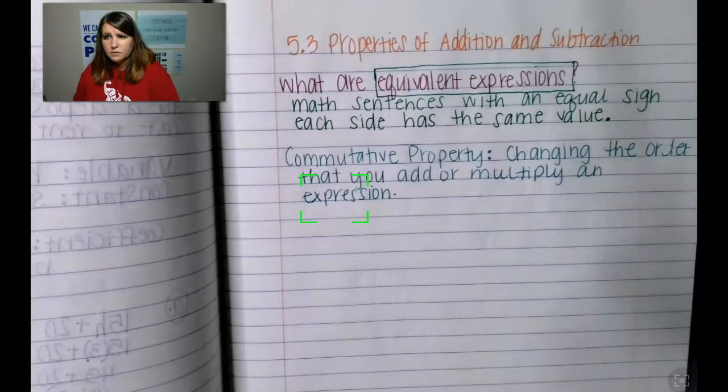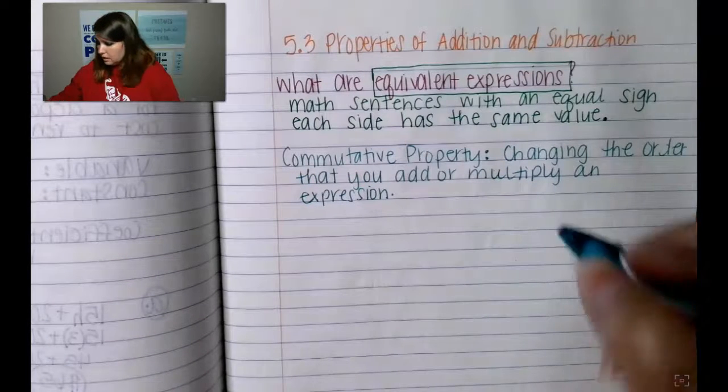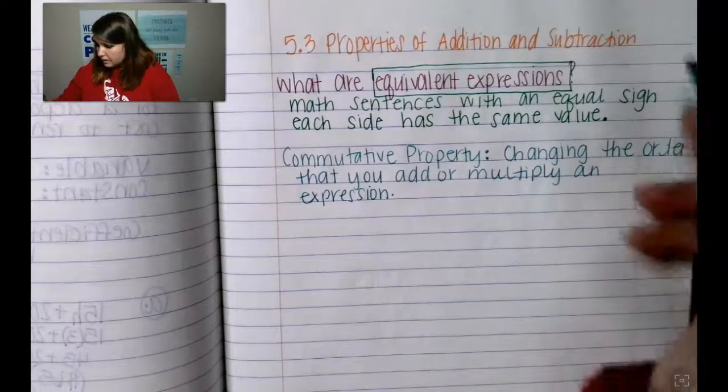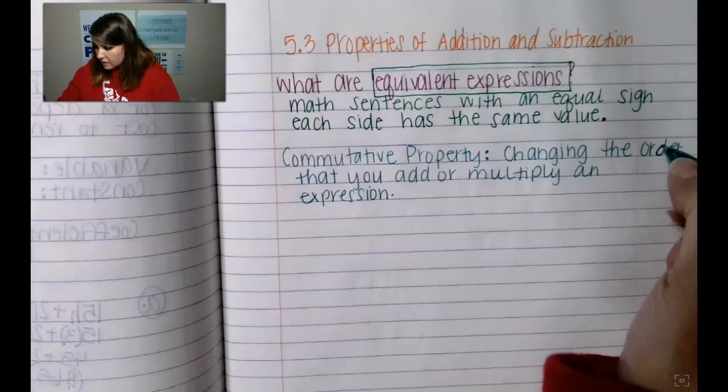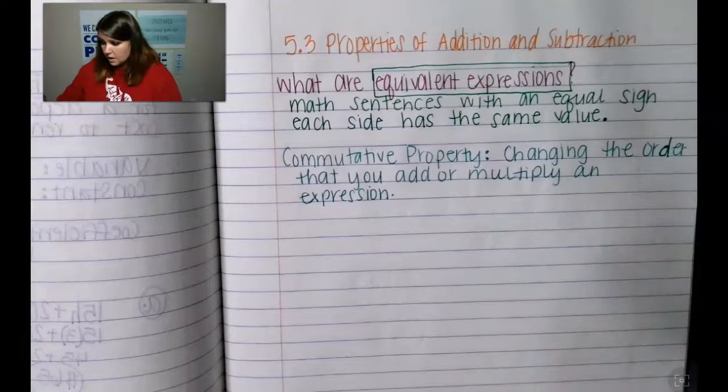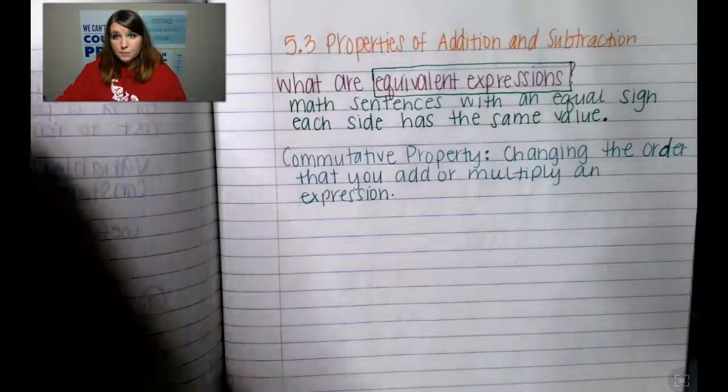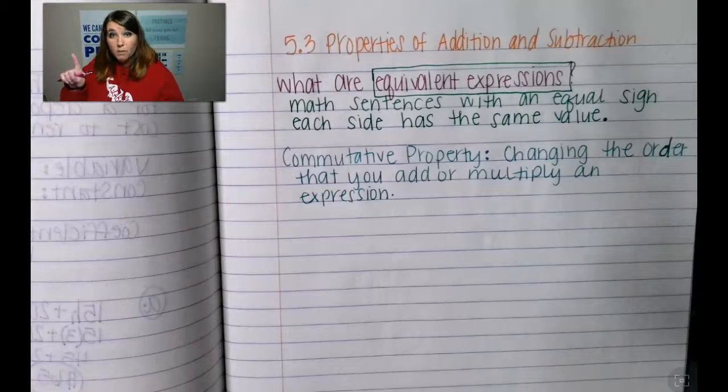Sorry that it always gets so blurry. So, changing the order. Let's think about you on a typical day. You start at home, you go to school. When school is over, you turn around and go home.